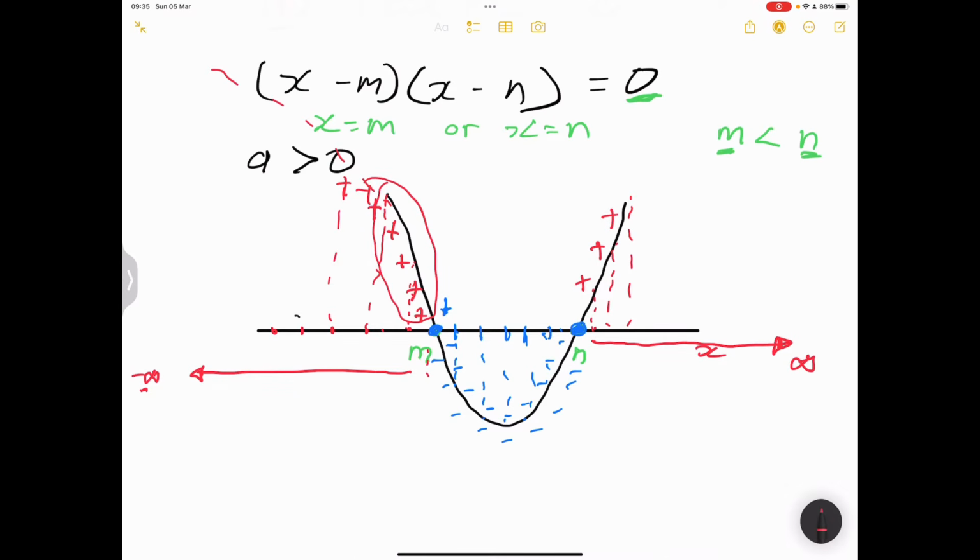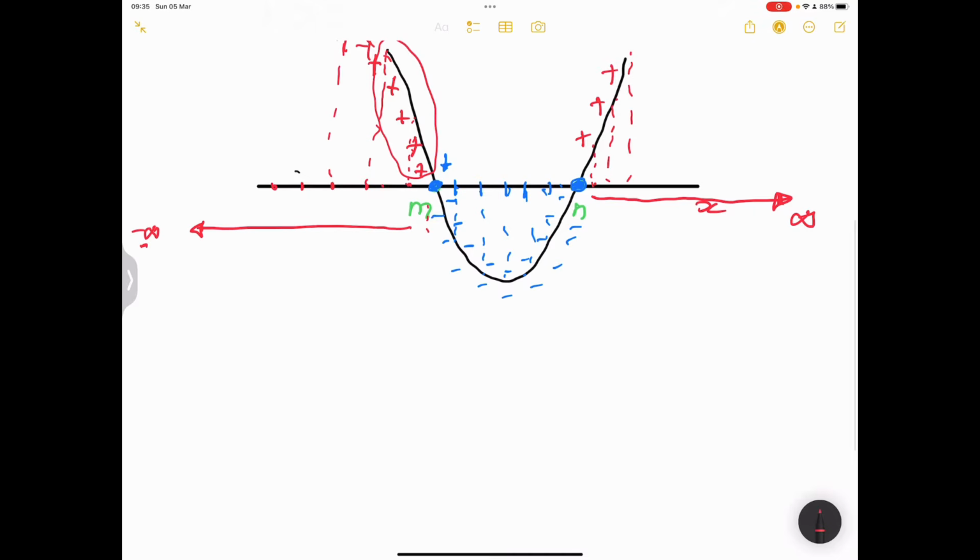Now to simplify this, we draw this as a number line. If we were to draw this as a number line, we call the values of m and n the critical values. These are the values where the graph is equal to 0.